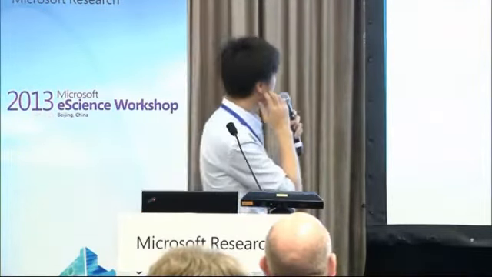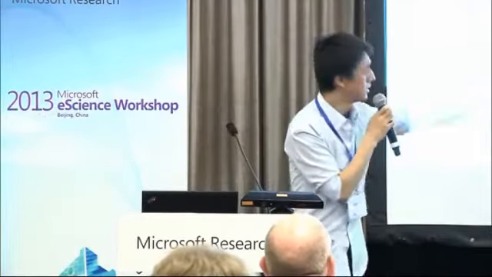Okay, now let's look at our Kinect for Windows SDK architecture. This picture shows the major classes in our Kinect for Windows SDK. And the KinectSensor class is the entry point for all Kinect-related functions.